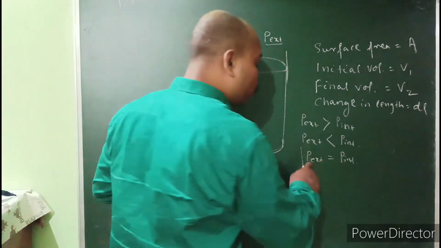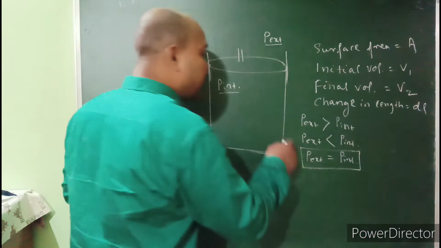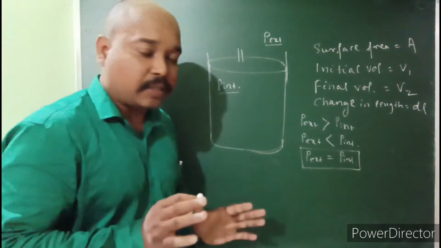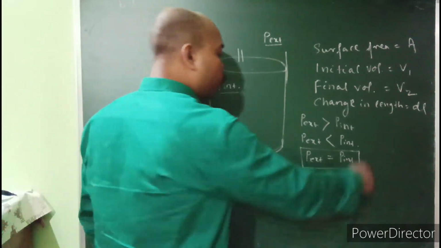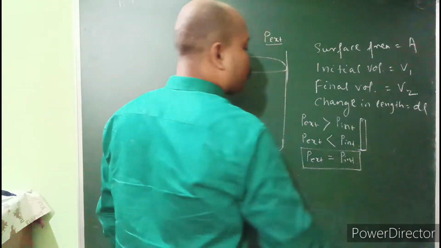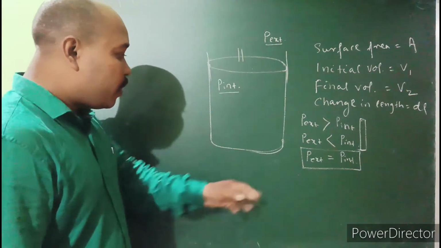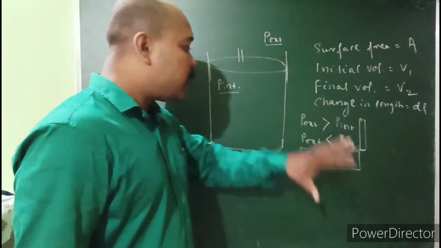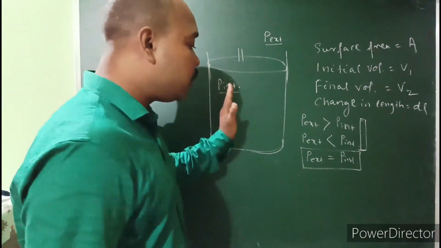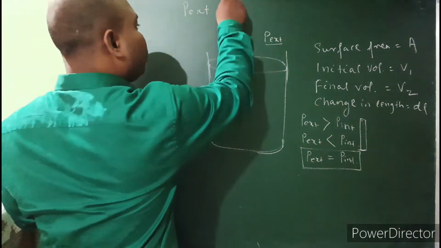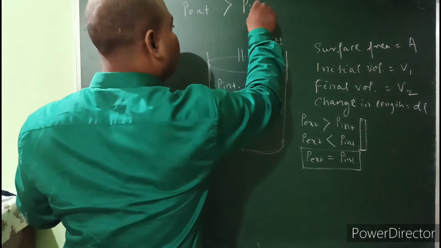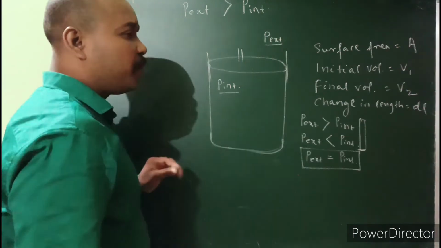Now in case both the pressures are equal, there is no movement of piston. In that case, we will not study this, we will study the first two conditions. Now first let us consider that the external pressure is greater than the internal pressure.